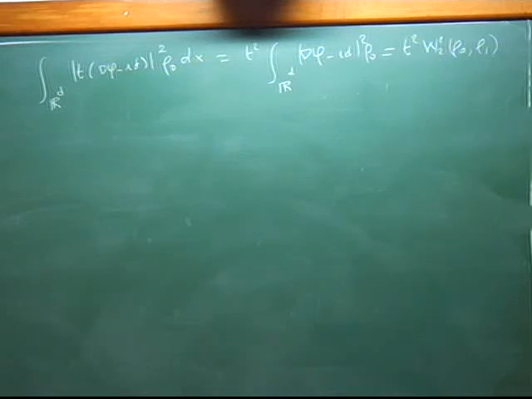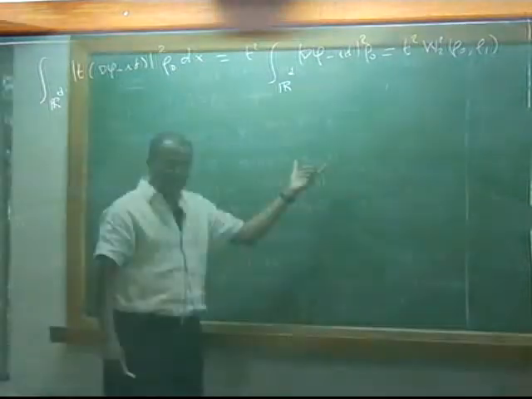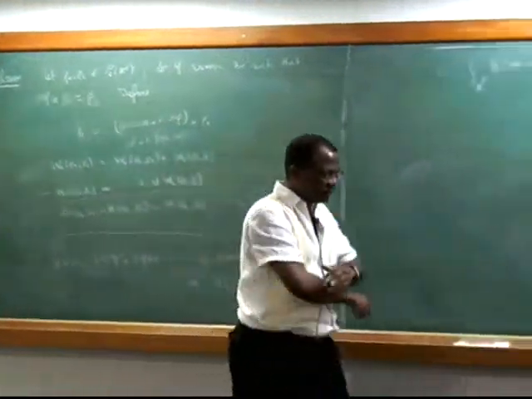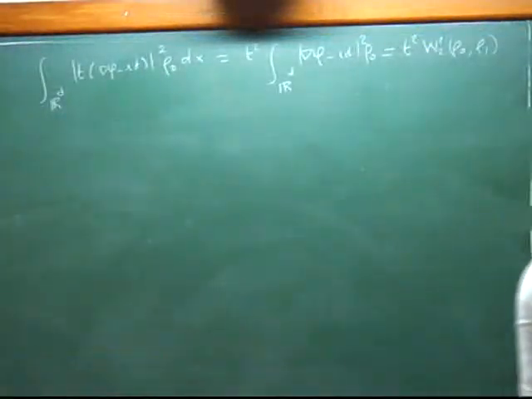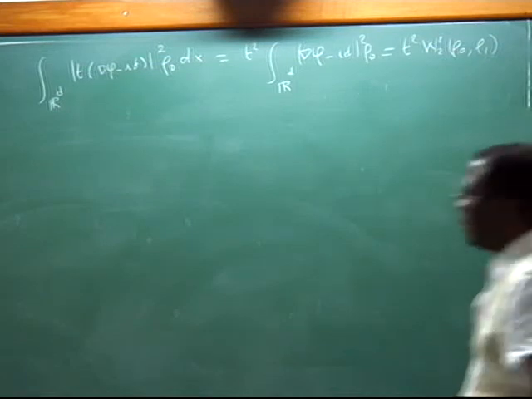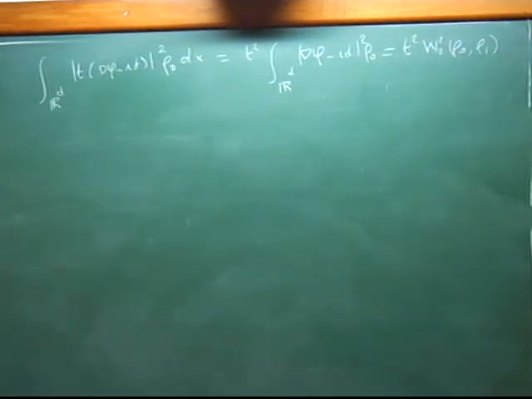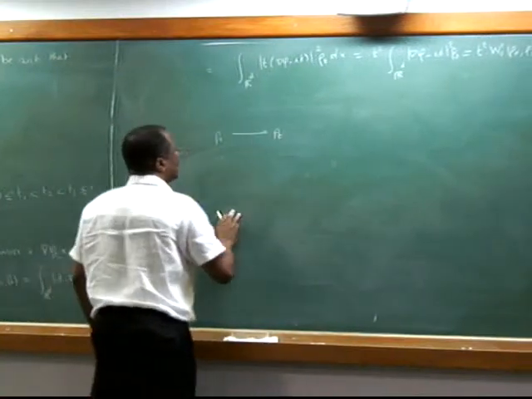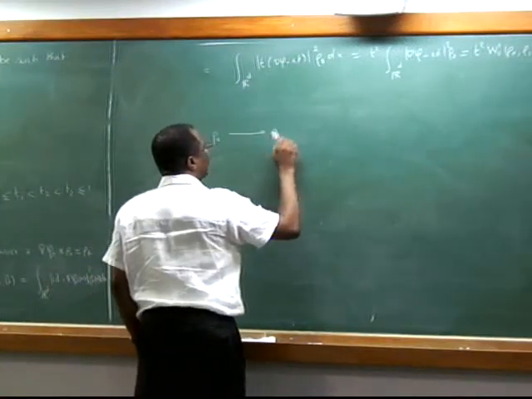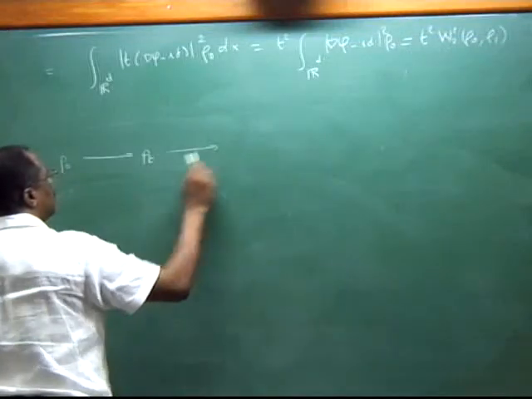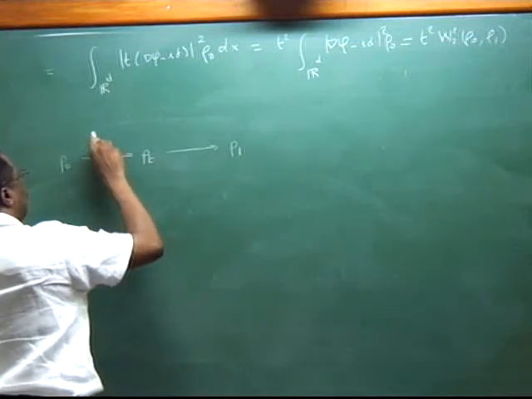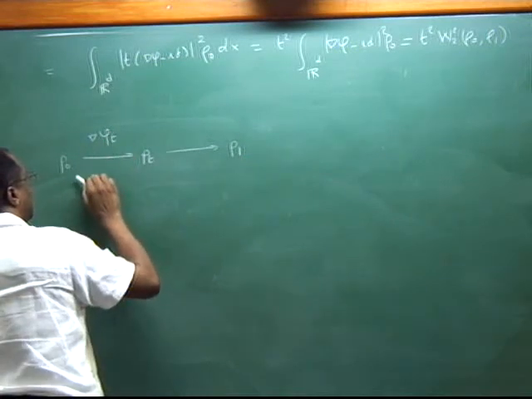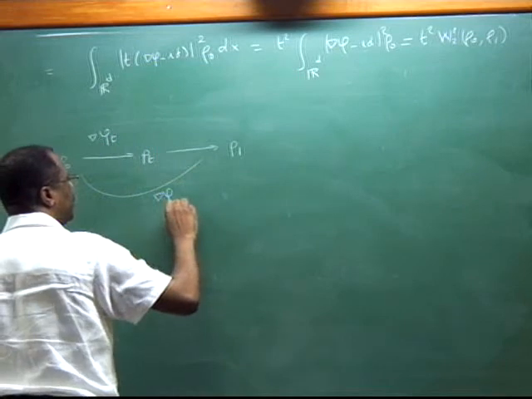Now, this is what is going to require a little bit of work. I know how to go from rho naught to rho t, and I know how to go from rho naught to rho 1. I have the gradient of phi t, and I have here the gradient of phi.